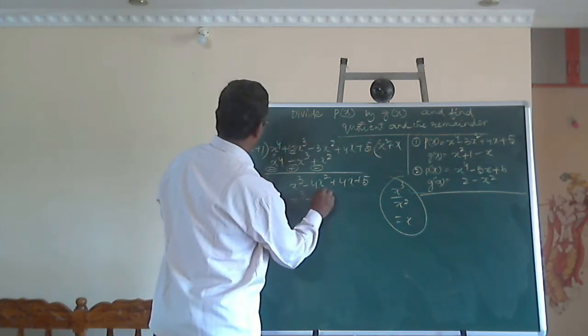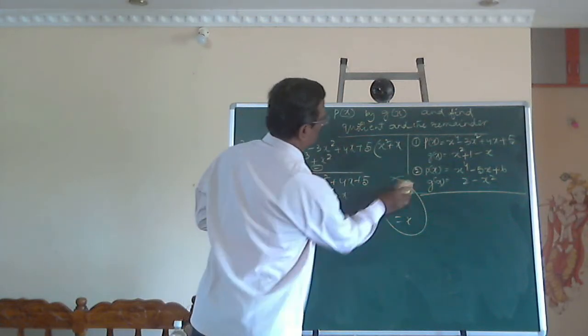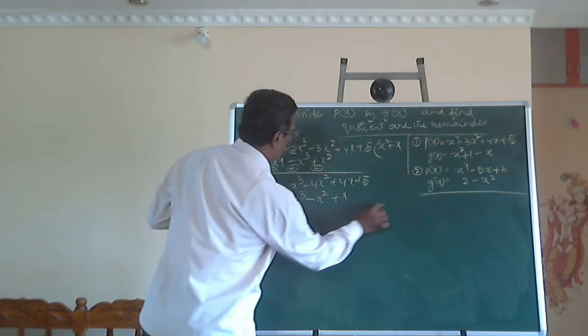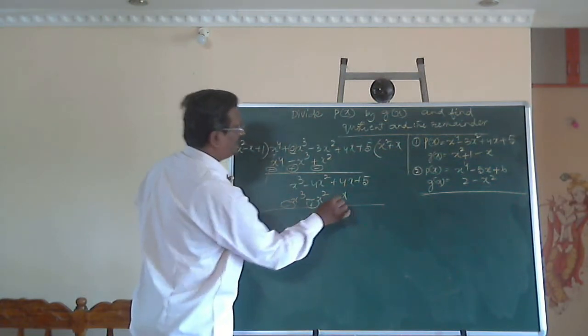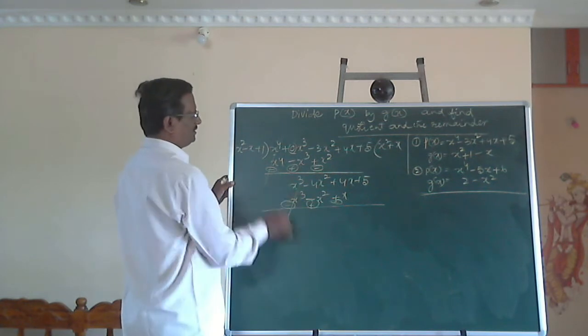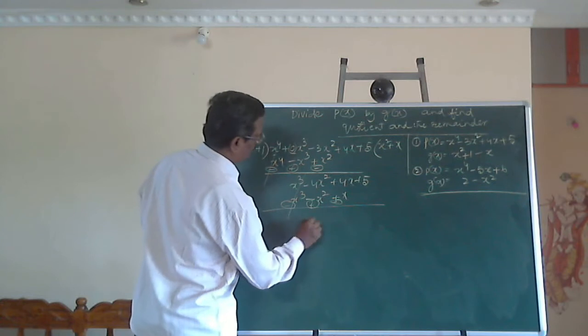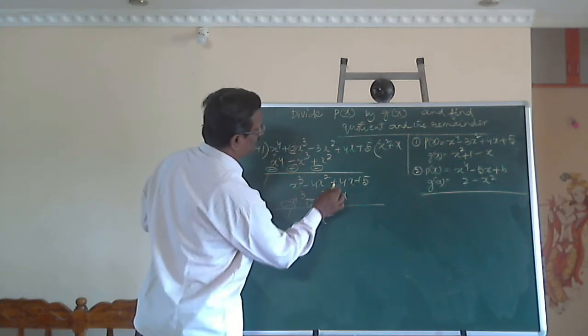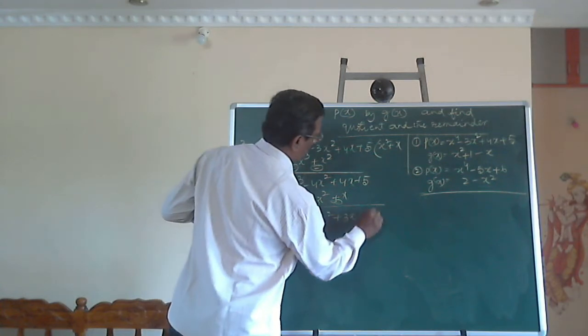This is minus x square. 1 into x, x. Now again on doing subtraction means change the sign and do addition with opposite sign. This is getting cancelled. Minus 4x square plus x square is equal to minus 3x square. 4x minus x is equal to plus 3x plus 5.